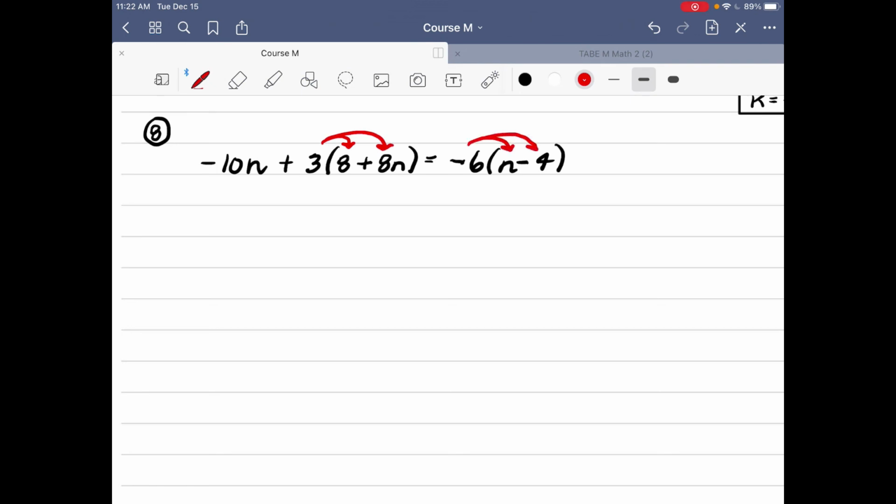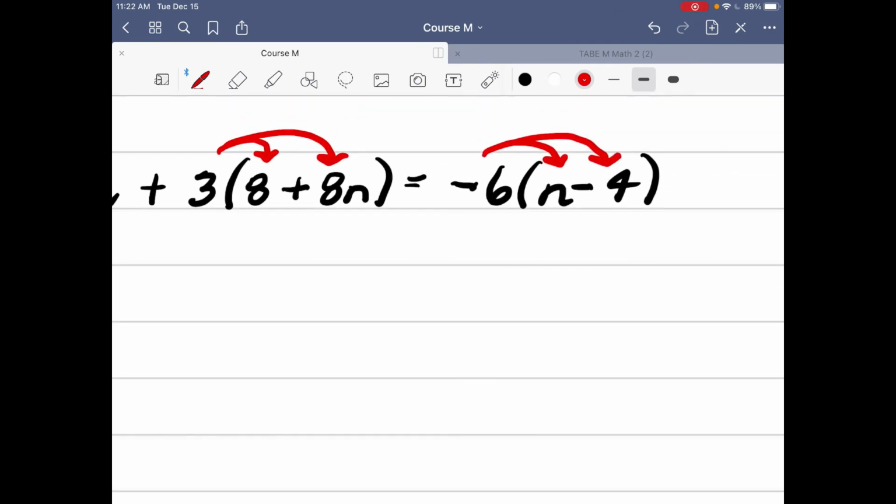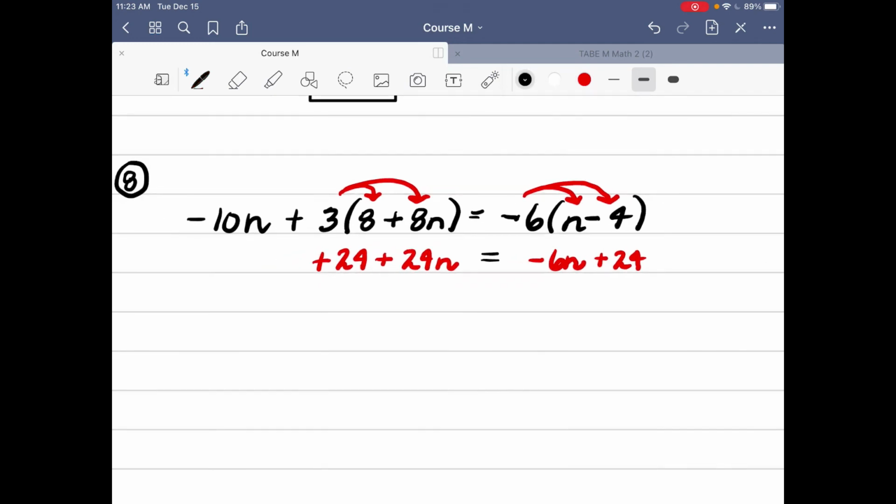And we have to do 2 sets of them. So I have 3 eights. Positive 3 times positive 8 is positive 24. Positive 3 times positive 8 is positive 24 with an n. And then on this side I have negative 6 times 1n, and negative 6 times negative 4 is positive 24. So copy the other pieces that you haven't used yet.